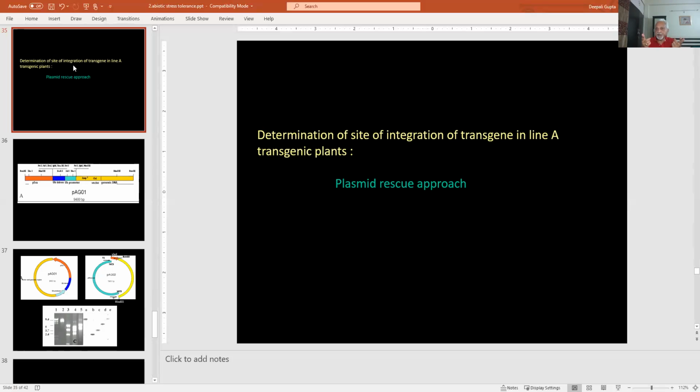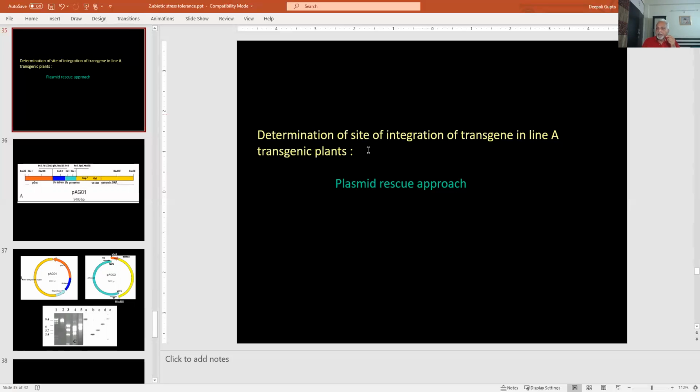So these kinds of plants need to be studied for the determination of where the transgene has gone.